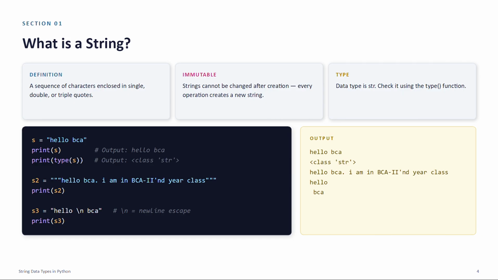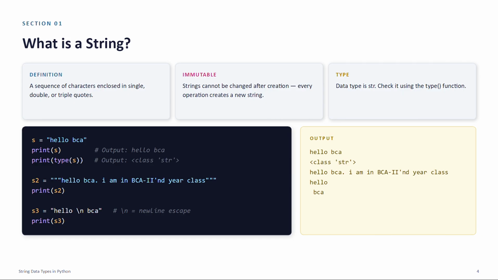Even the apostrophe in second year classes is safe inside the triple quotes. So the type is still str. If I print the s2 variable, it is printed as it is, like hello BCA, I am in BCA second year. That is the use of multi-line string.